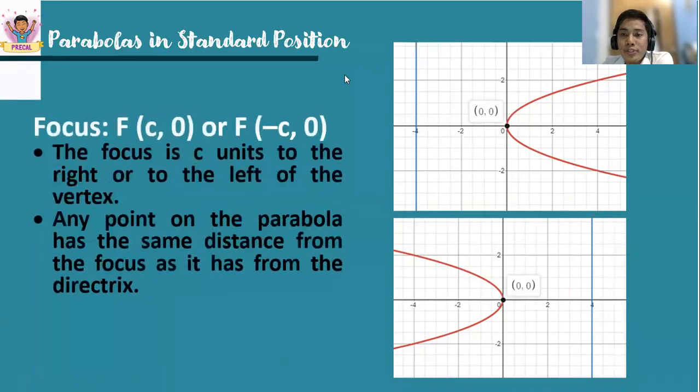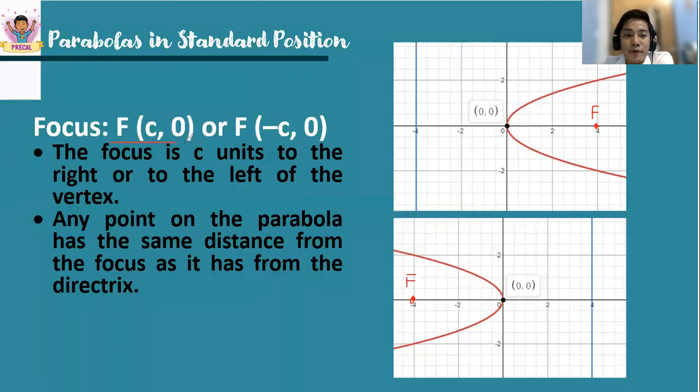For the focus, notice that since we have 4 units here, we should also have 4 units there, and here also 4 units, because the directrix is equidistant to the vertex, and the vertex going to the focus of the parabola, which either opens to the left or the right.